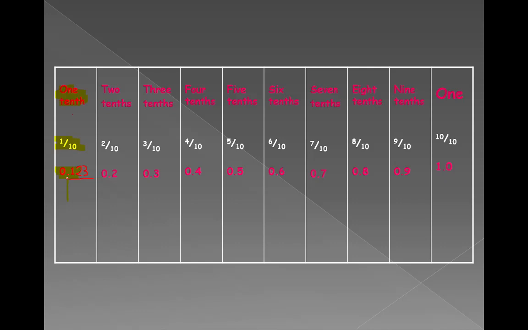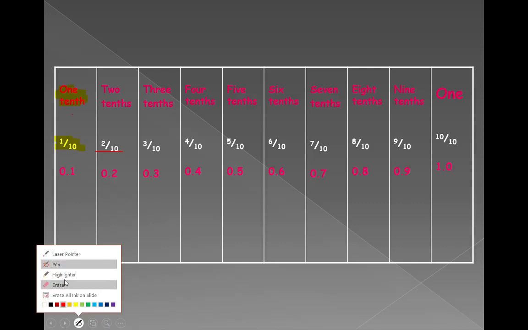Anyway, we are not doing that in this little bit just now. We are just doing 0.1, 0.2, 5.3, 8.9, etc. Okay, so 2/10 is the same as 0.2. 3/10 is 0.3, and so on and so forth.